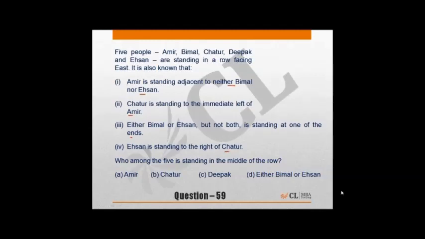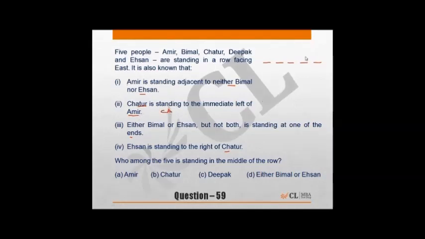Okay, so let's look at the ways by which these people can be standing. These are 5 people. 1, 2, 3, 4, 5. Statement 1 we'll come back to later, but statement 2 says Chatur is standing immediate left of Amir. That means C and A have to be together.